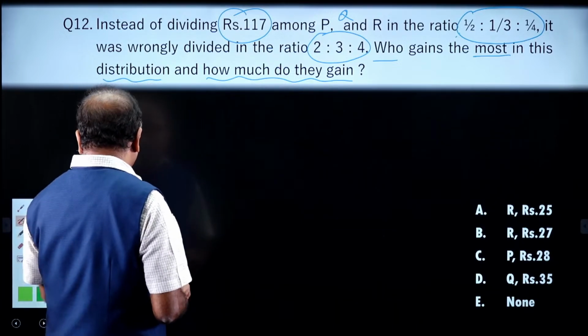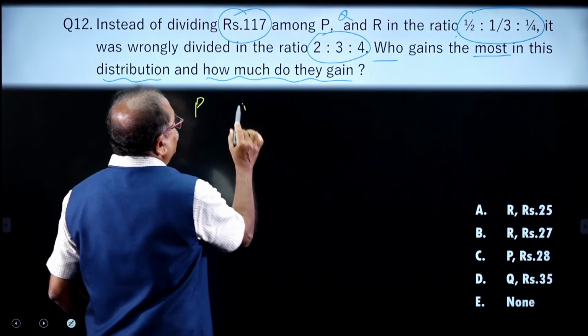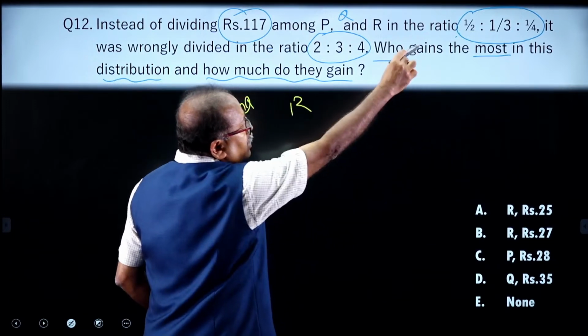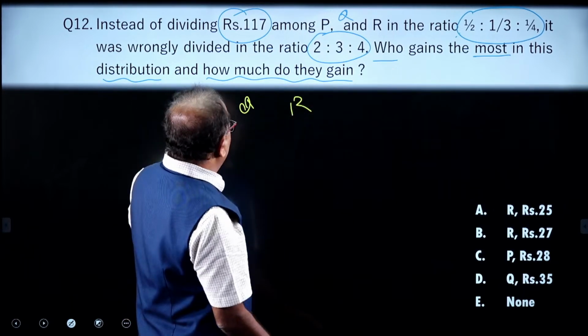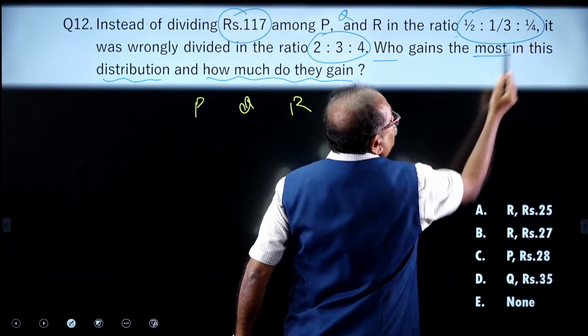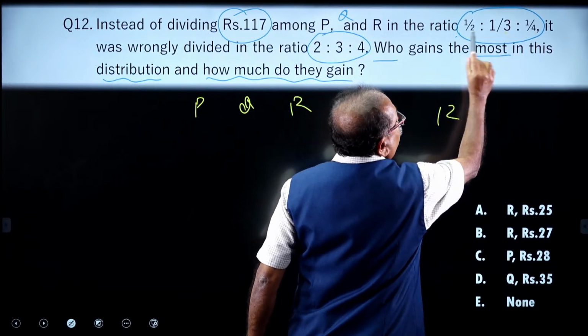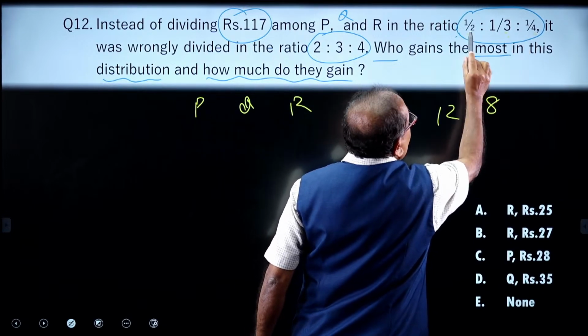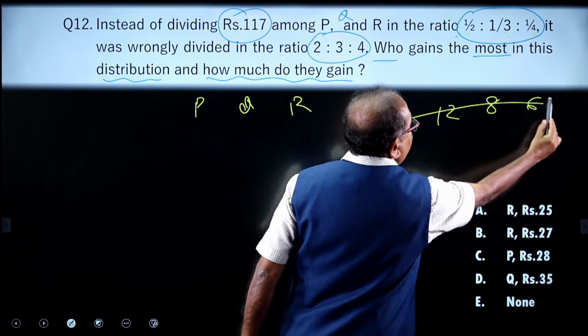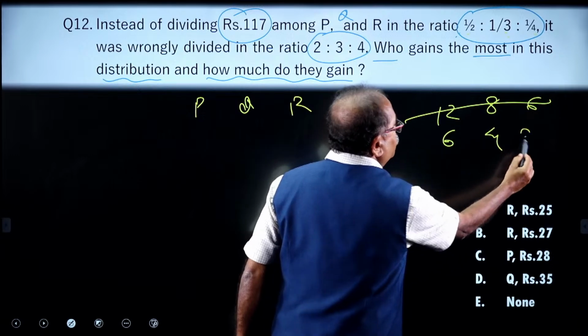Let's write down P, Q and R, and we have the ratio 1 by 2, 1 by 3 and 1 by 4. So, P's part will be 3 into 4, 12, Q's part will be 2 into 4, 8, and R's part will be 2 into 3, which is 6. Further it gets cancelled: 6, 4 and 3.